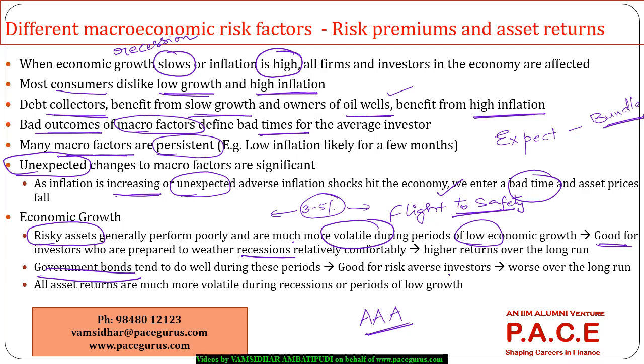So for those investors who are completely risk averse, who are not in anticipation of very high returns, but at the same time don't want to take big risks, who don't want the value of their portfolio to fall below a certain threshold, obviously choosing government bonds would be a much better option.